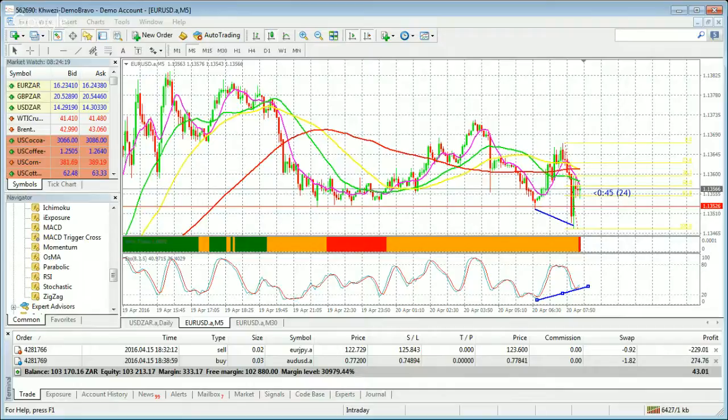A lot of unsureness. There's so much sideways movement at this point in time. It's actually quite funny. We can see there is this slight push to the downside, but nothing heavy.